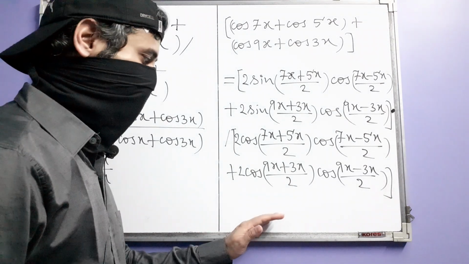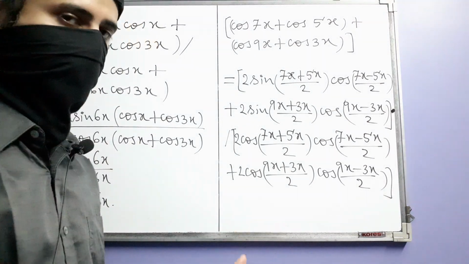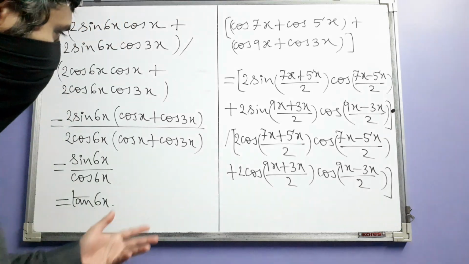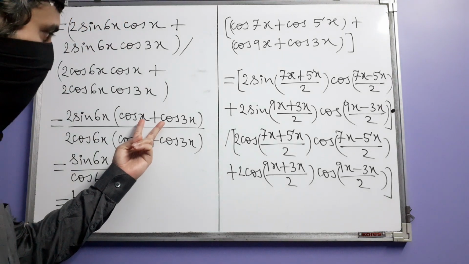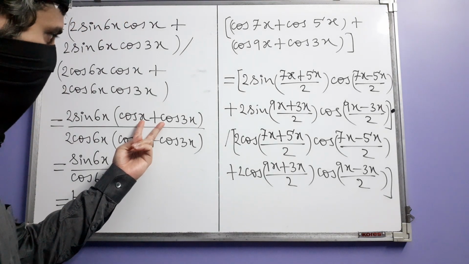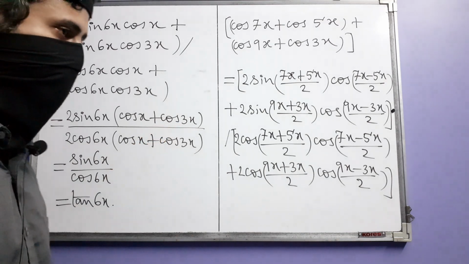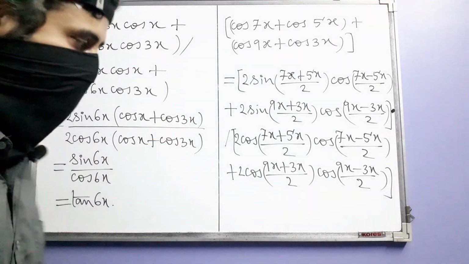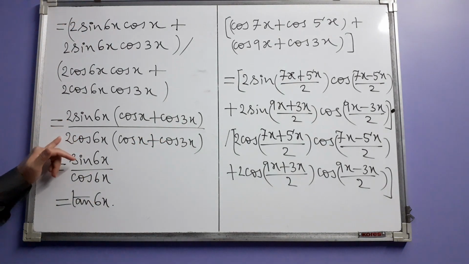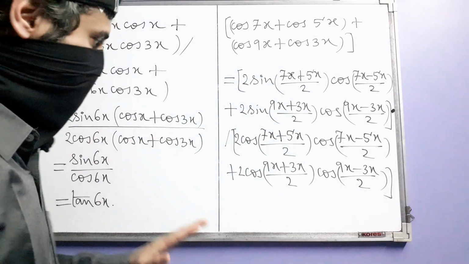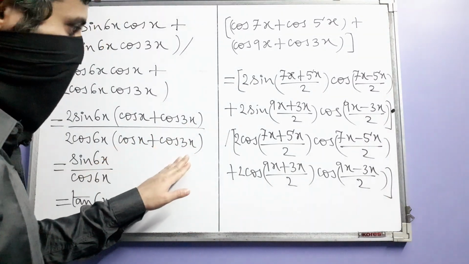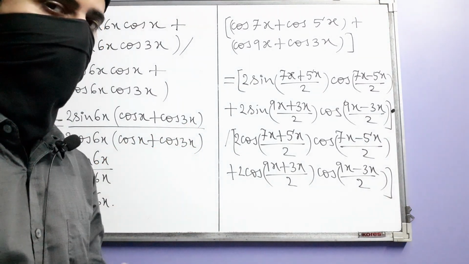Those of you who are really careful about everything, you may question what guarantees that this cos x plus cos 3x is non-zero, so that we can cancel. 2 also we have cancelled, but we know that 2 is not equal to 0. Do we know that this is also not equal to 0? Actually we know. How?